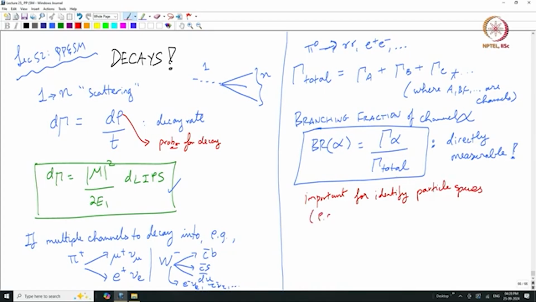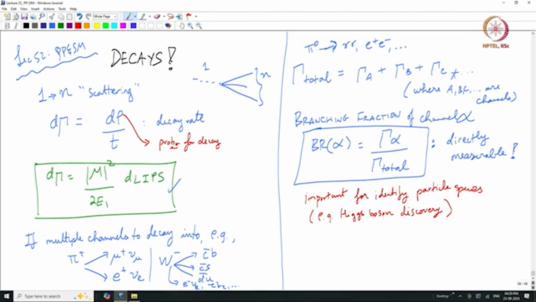For example, we haven't really measured the total decay rate of the Higgs boson, but we did measure the various branching fractions, and that measurement was super important to really nail down the fact that we discovered not some imposter, but really the Higgs boson. This clearly pinpoints the identity of the particle that you are looking for.